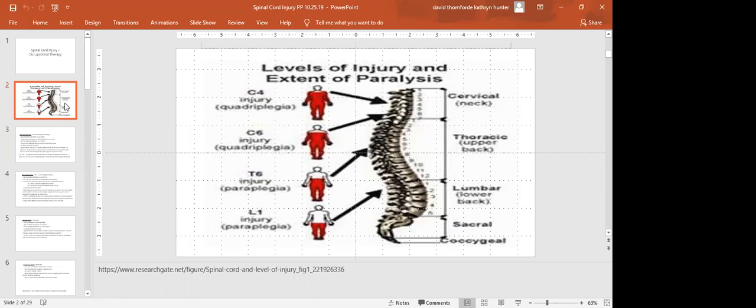We have the 2 types: quadriplegia, also known as tetraplegia, and then paraplegia, with quadriplegia being ability to use only the head and some part of the arms, and paraplegia being lack of movement in the legs and ability to use the arms. So this is just a very general outline of what a person might have based on their level of injury.